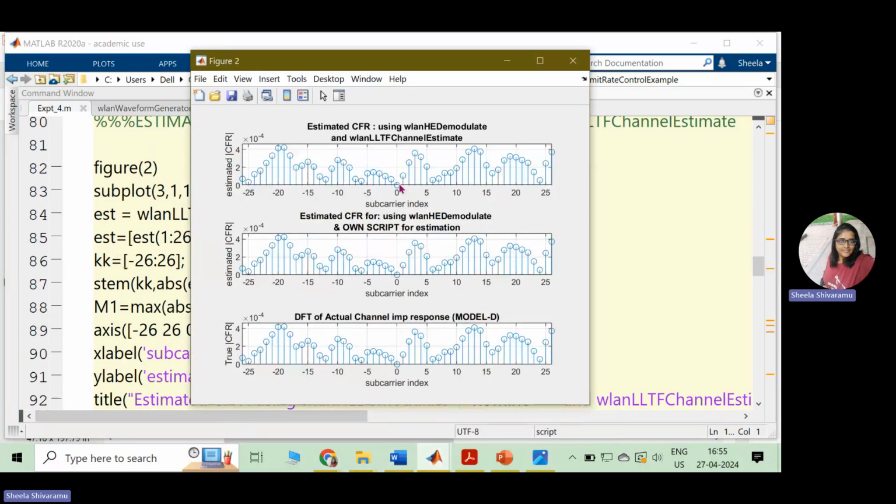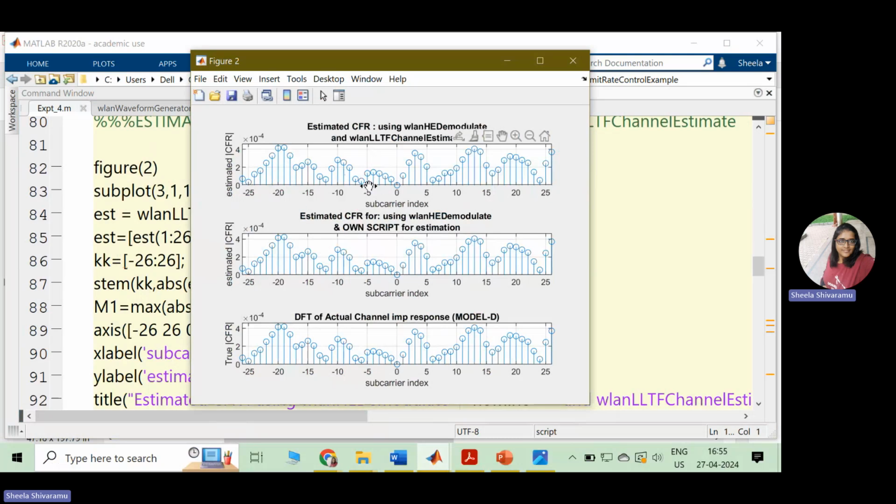So I've inserted 0 in the center; actually, the center will be 0. The first six and the last few subcarriers, 60 to 64, I have not considered. I could set them to 0 and visualize, but I wanted to see how well the channel estimation is being done. So I have ignored the null subcarriers and considered only the occupied subcarriers.